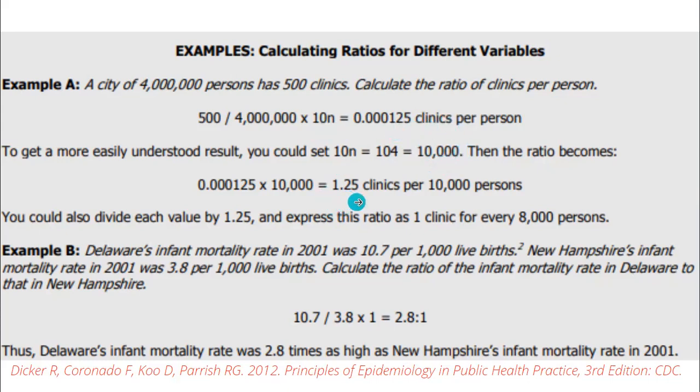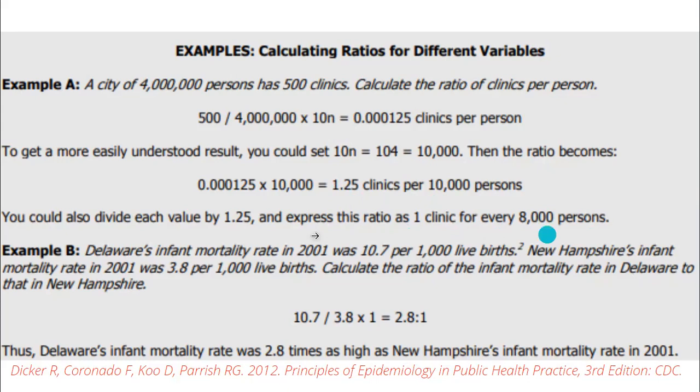So the quotient now is multiplied with the 10^n factor, which is 10,000 in this case, giving us 1.25 clinics per 10,000 persons. Now, of course, we don't have 0.25 clinic. That's why this is better expressed as one clinic for every 8,000 persons.